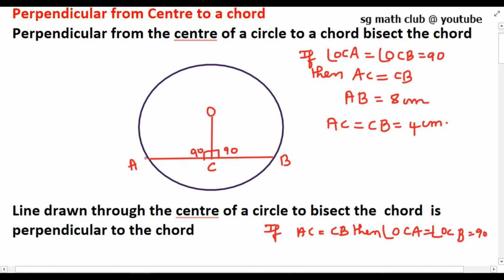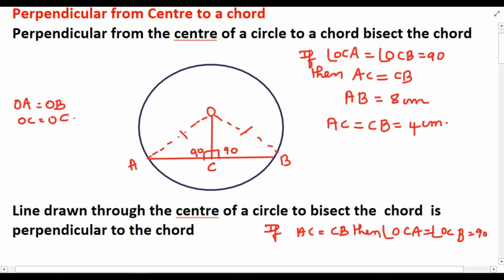We can prove this. We can join OA and OB, and we can consider these two triangles. OA is equal to OB because radii of the same circle. Again OC is common for both the triangles. Again they have given that line drawn through the center of the circle bisects the chord.